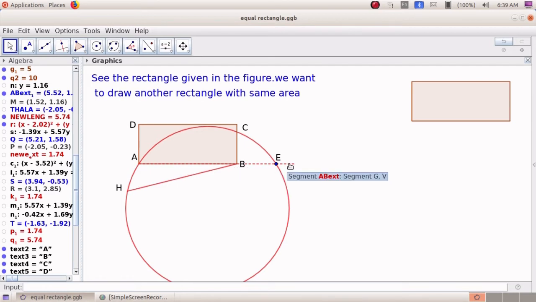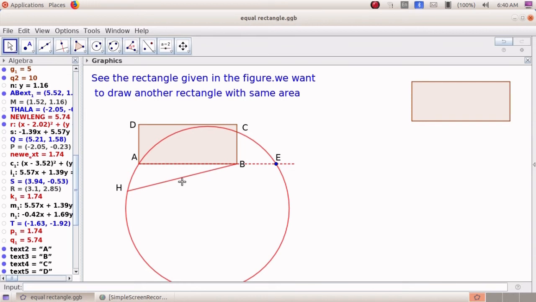Now if we draw another chord by extending BH to cut another point on the circle, we get two chords intersecting at a point. Then the products of the pieces of the chords are equal. That we have proved. Using that method, we can complete the rectangle.